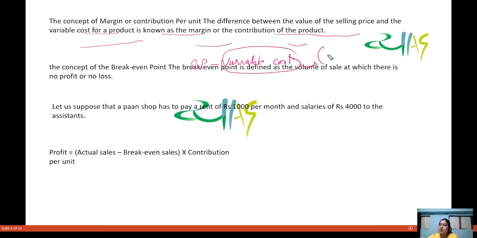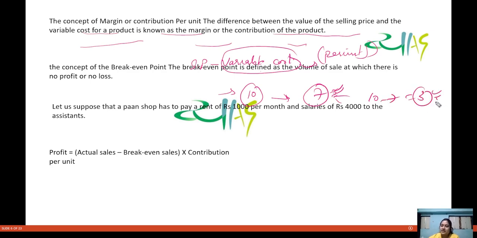Variable cost was the cost we were incurring per unit. So if I am saying that for selling a 10 rupees pen, the variable cost, that is cost of raw material plus labor plus everything, is 7 per unit, then 10 minus 7 is the margin. 3 rupees is the margin.